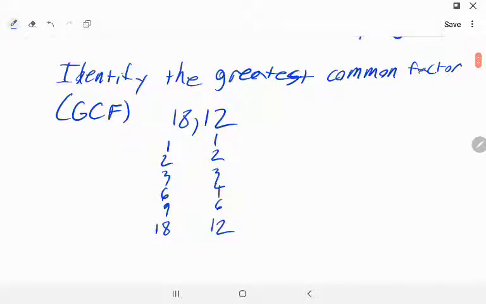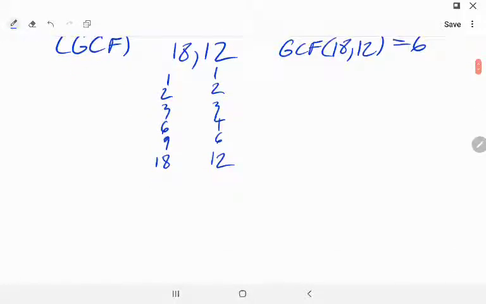The biggest number on both lists is 6. So we can say the GCF of 18 and 12 equals 6. It's usually a pretty straightforward process.